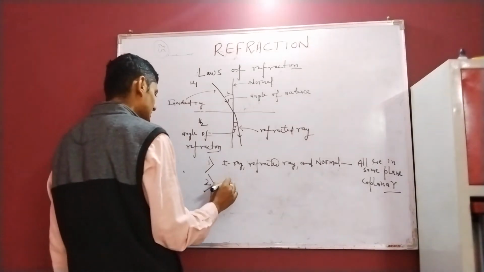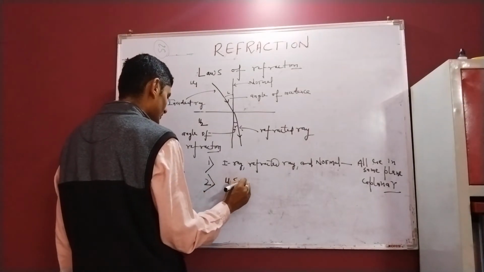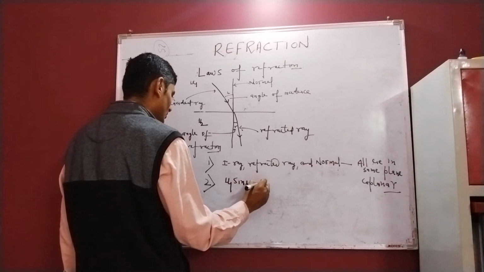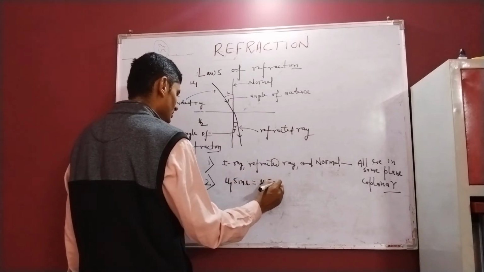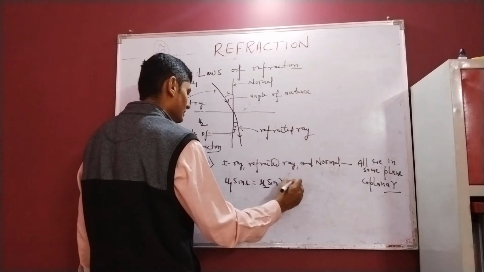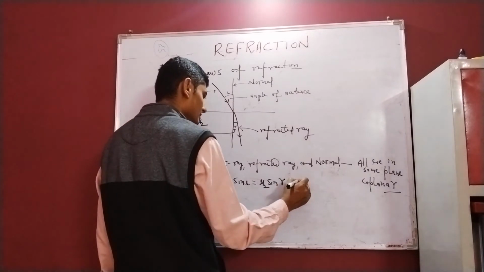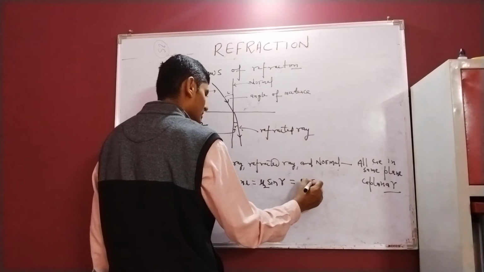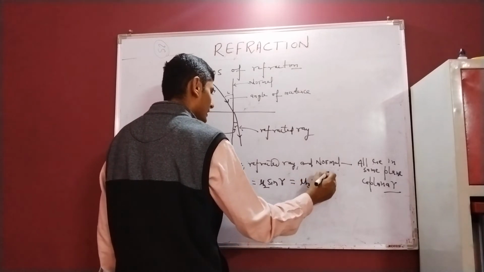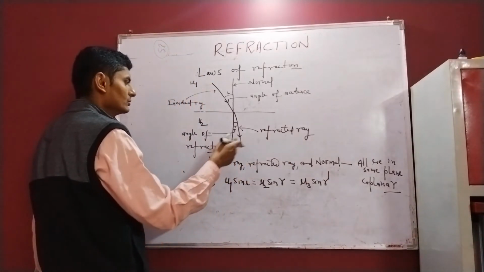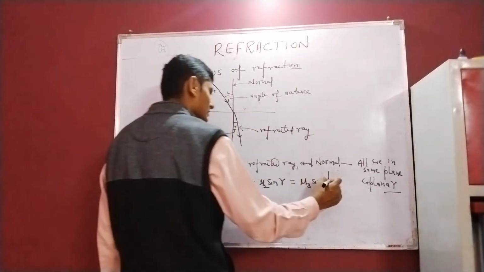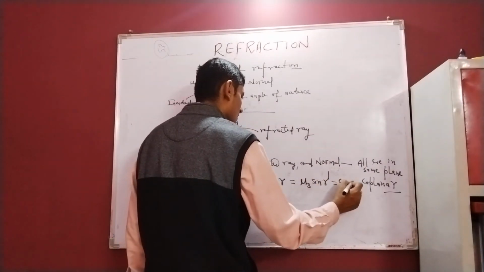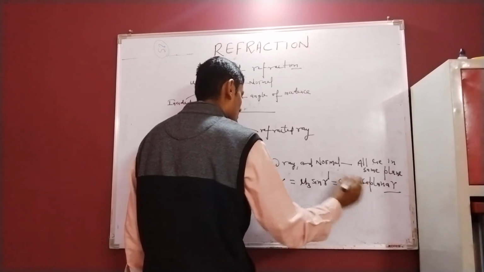That is, mu1 sin I is equal to mu2 sin R, and this is equal to mu3 sin R dash, suppose there is any other medium, and this is equal to a constant.